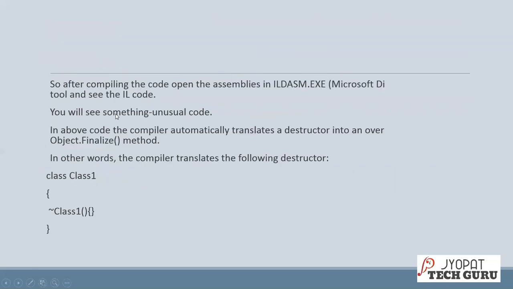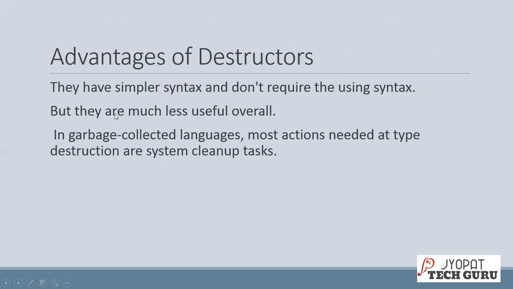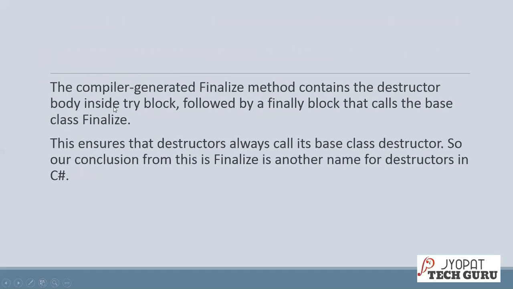So within a particular program, whenever you have a destructor, ultimately it is going to get converted into a Finalize method in the ILDasm disassembler tool. The compiler generated Finalize method contains the destructor body inside a try block, followed by a finally block that calls the base class Finalize.